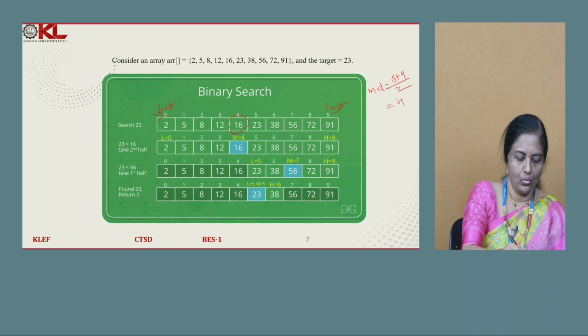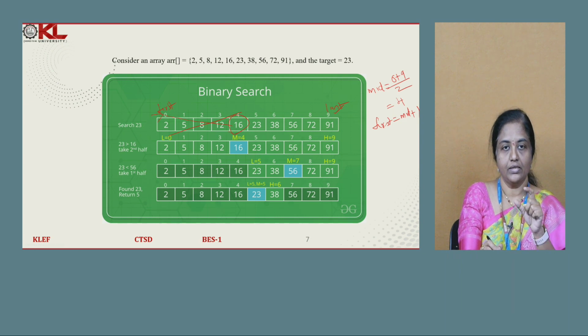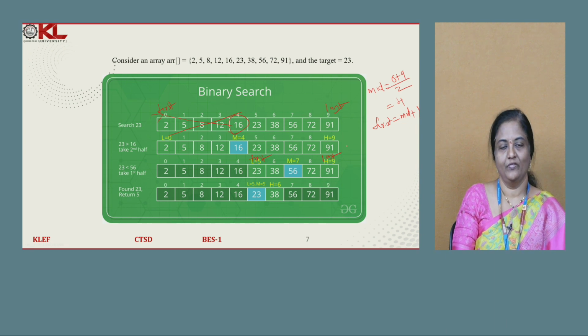So ignore first half of the input and change your first to be mid plus 1. Only first will be changed if the target is greater than A of mid. So now see here, this will become your first and this is your last for the next iteration.